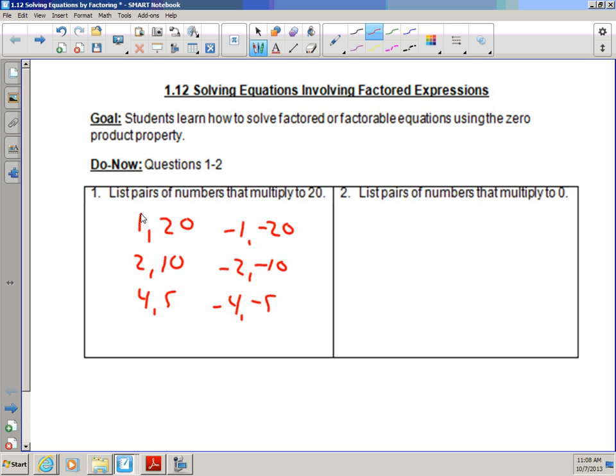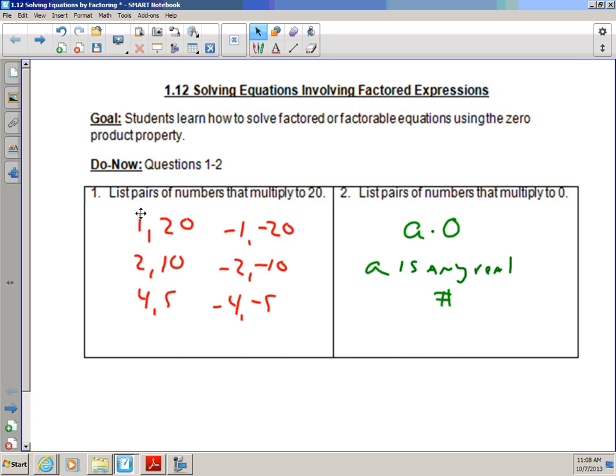But if I wanted to list the numbers that multiplied to 0, well, basically it's any number a and 0, where a is any real number. So what is this showing us? What are our observations here?